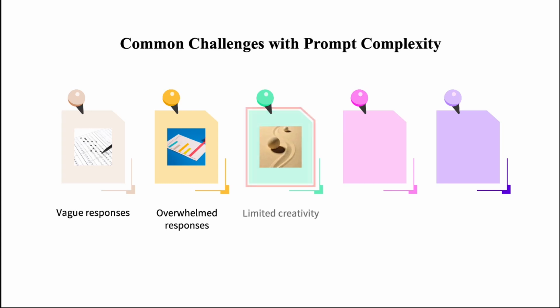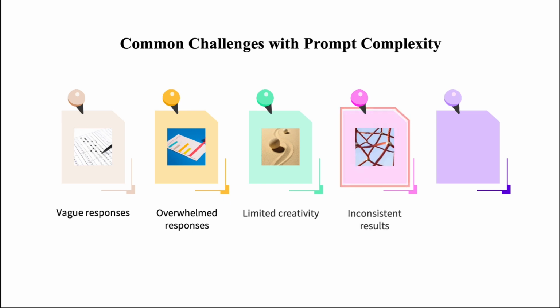Third, limited creativity. When prompt complexity is too high, it can limit the AI assistant's ability to provide creative or innovative responses. Overly detailed requirements can restrict the AI assistant's natural problem solving abilities.